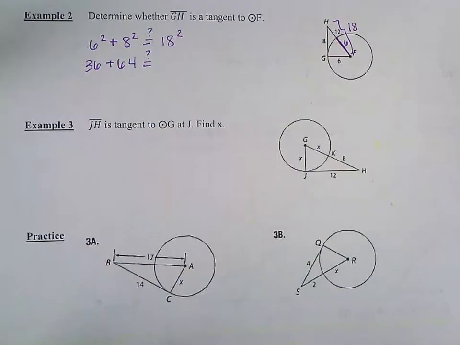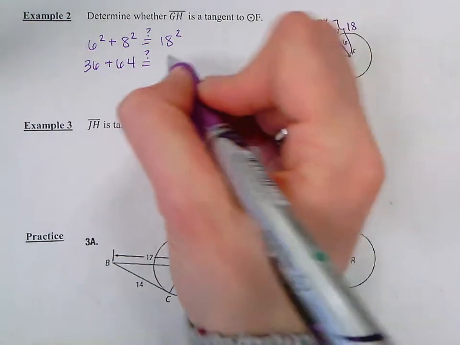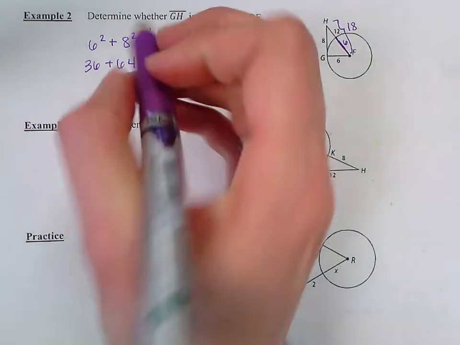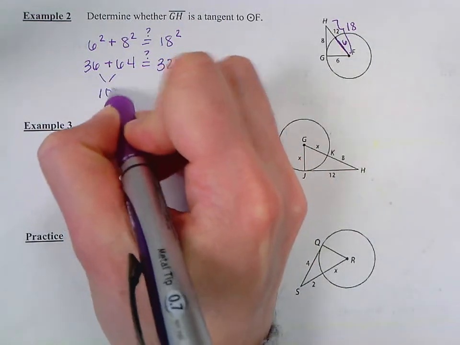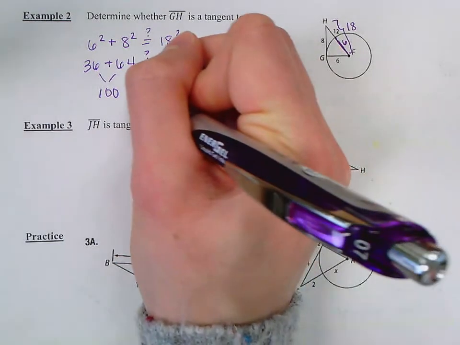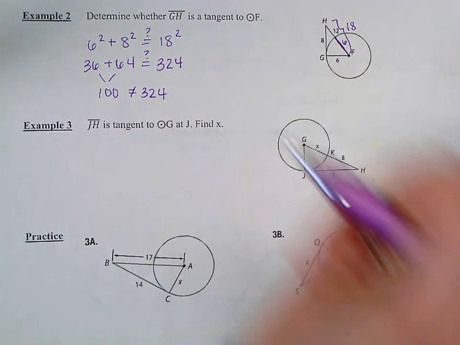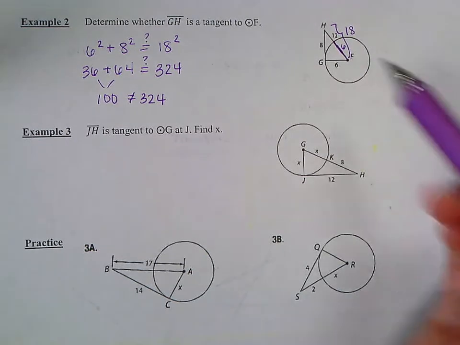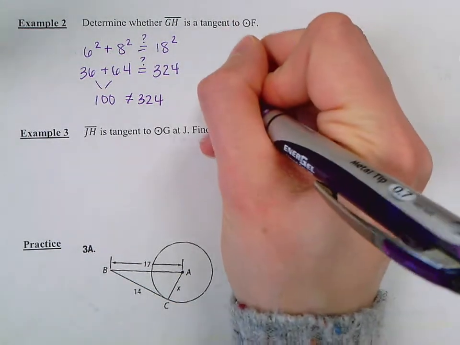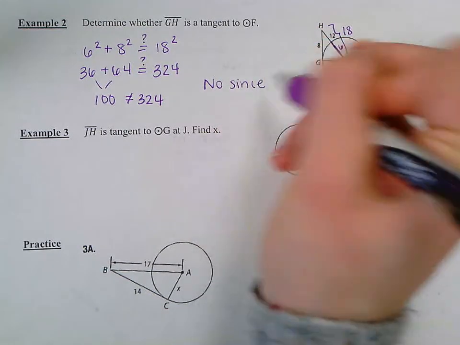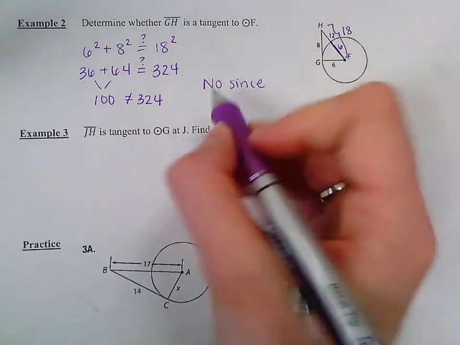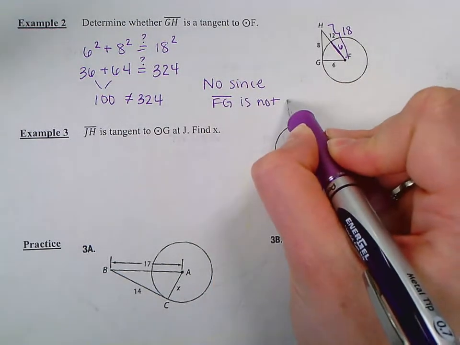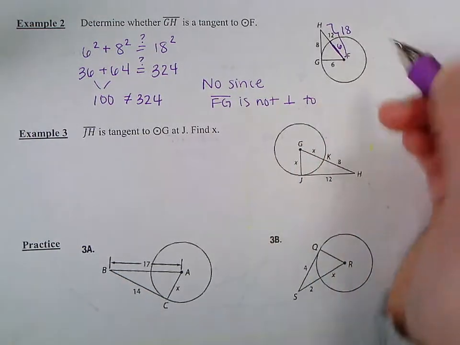Does that equal 18 squared, which is 324? But 36 and 64 is 100, which is not equal to 324. So that means this is not a right angle. They're not perpendicular. So I'm going to say no, since the radius FG is not perpendicular to GH.